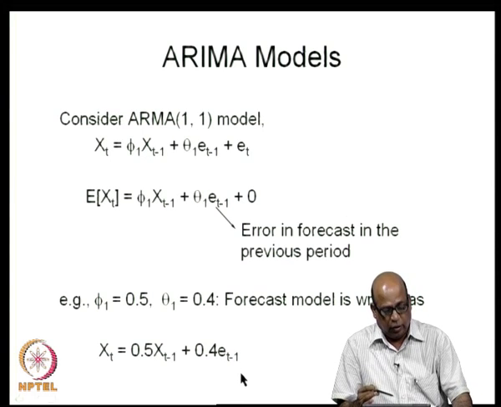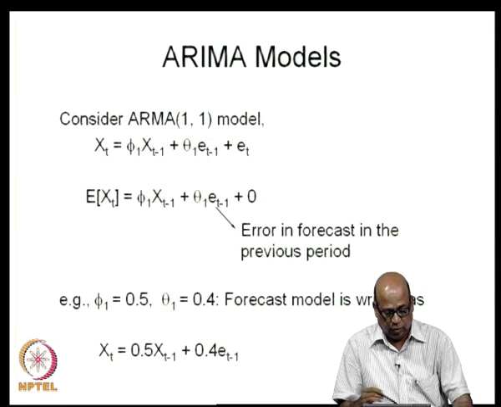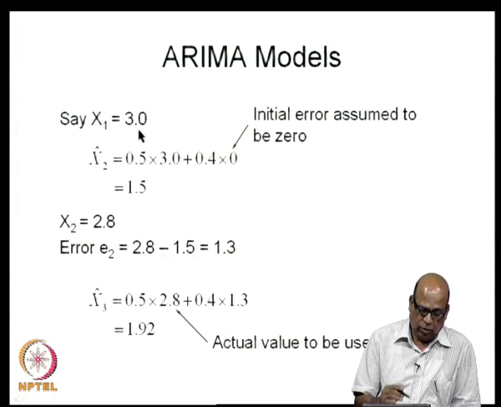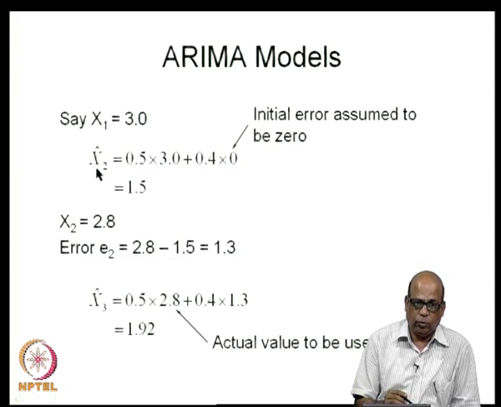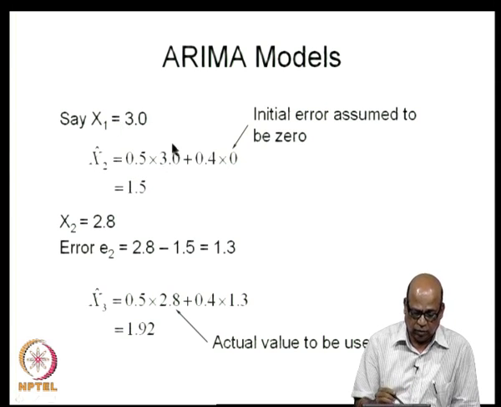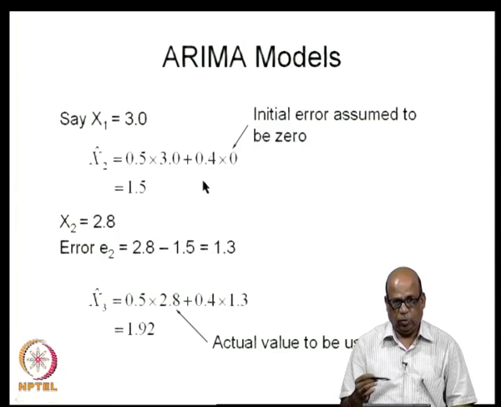For the forecasting, when we are applying it for the validation period, let us say x 1 is equal to 3.0 and I want to forecast the x 2 value. I write it as x 2 cap using that model, which is phi 1, which is 0.5 into x 1, 3.0, plus theta 1, 0.4, and E t minus 1, which is 0.